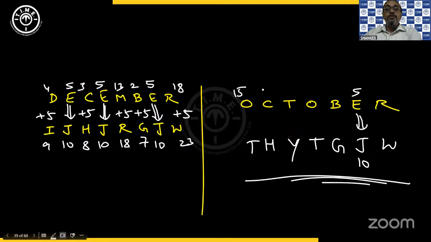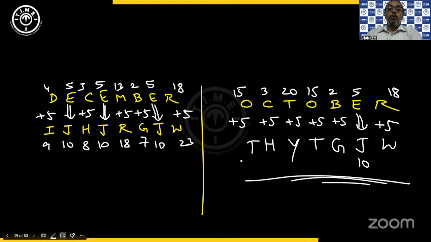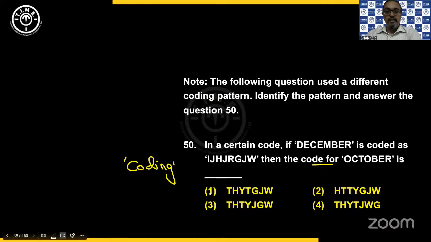So you need to know the place values. When you know the place values, you will know what the logic is. Everywhere it is plus 5. So I just explained you orally. That is how you need to work on. After you practice thoroughly, you need to work on them orally. But this is how you get THY, TG, JW. So let's see THY, TG, JW. First option.